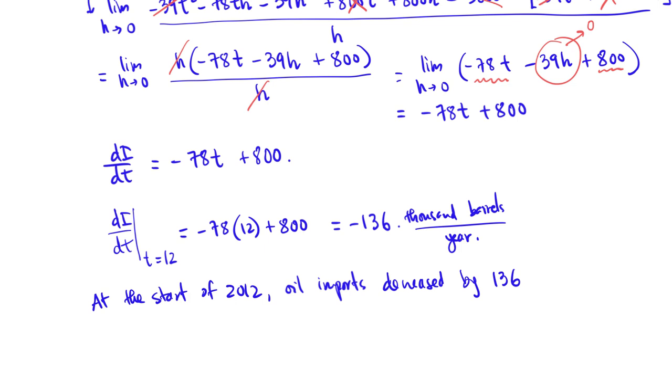Decreased by 136,000 barrels per year. What this means is that starting 2012, the imports would go down by 136,000 barrels each year.